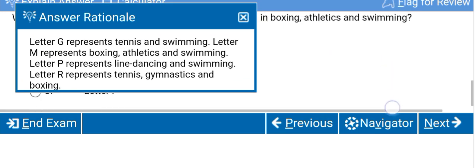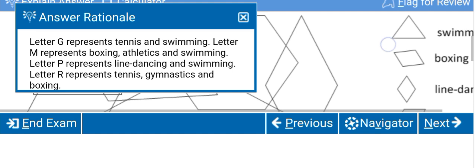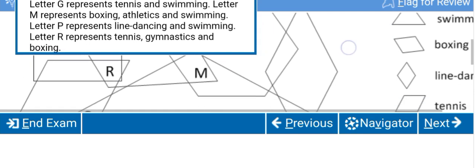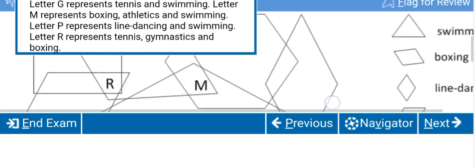You can also see it from the diagram. There we have letter G. It represents both tennis and swimming, and letter M represents boxing, athletics, and swimming.